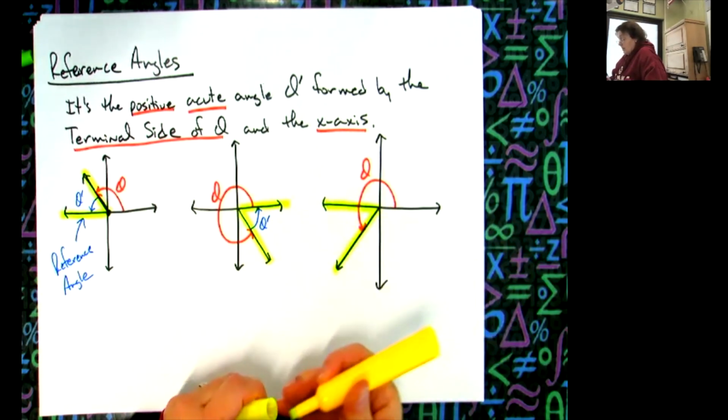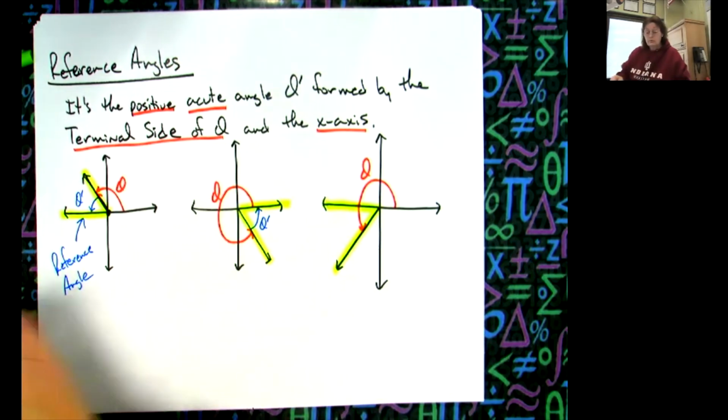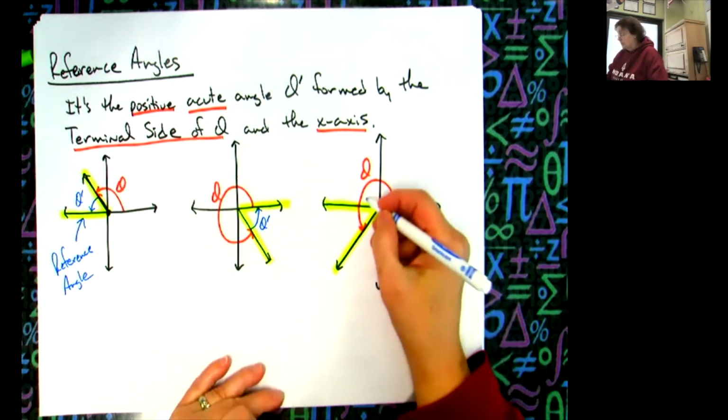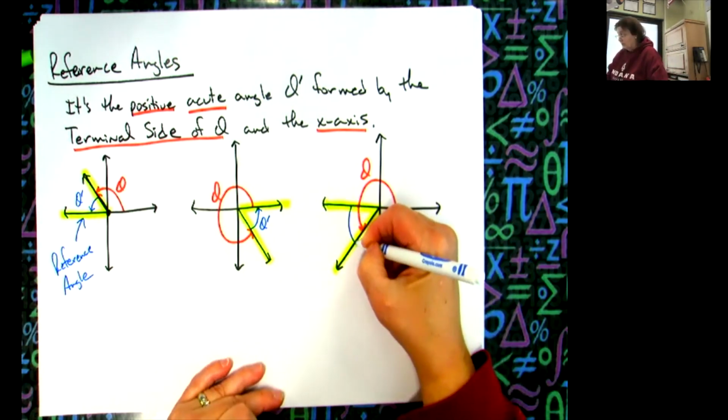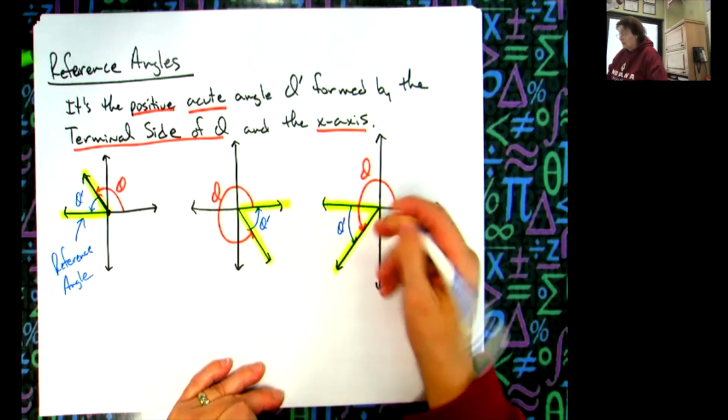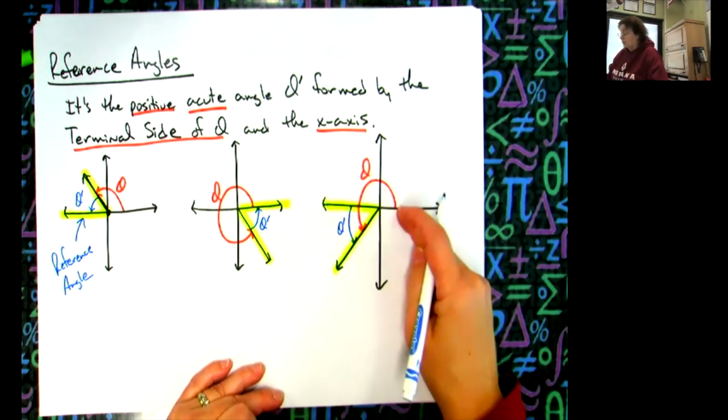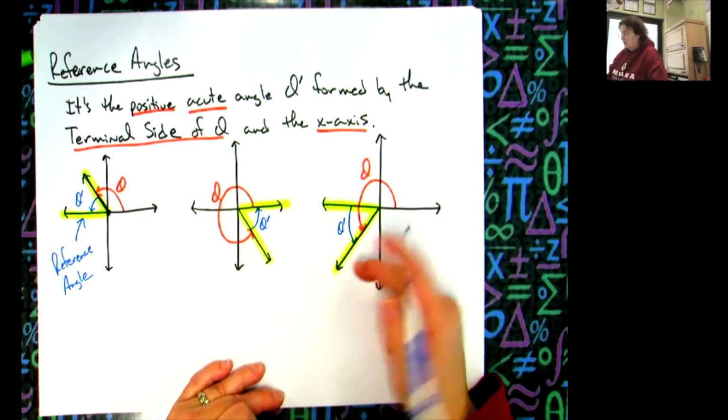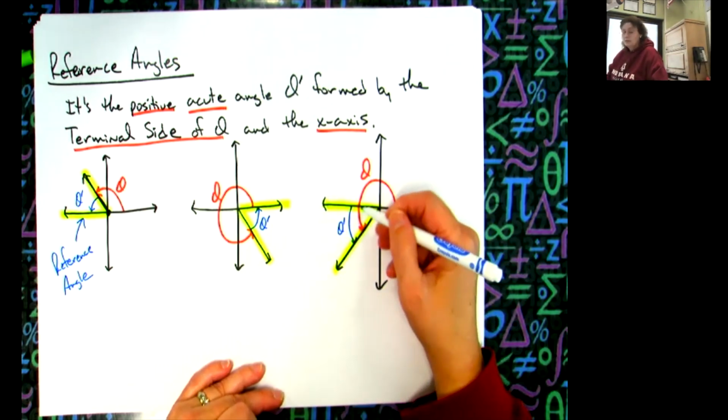Now that's acute, and if I keep going in that same direction, it is going to be positive. So my reference angle is inside. My original theta went all the way around to here, and my little reference angle is on the inside of that theta.